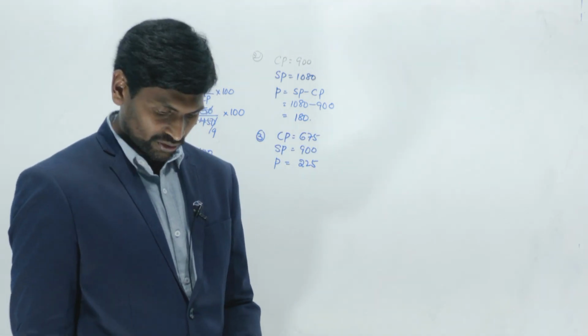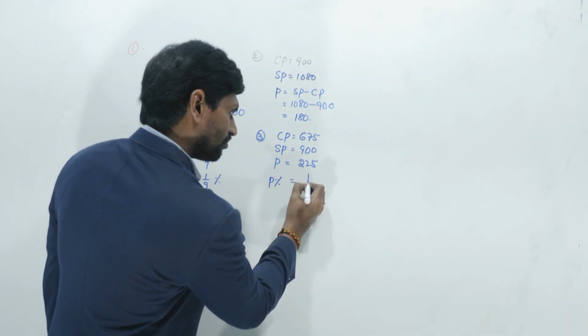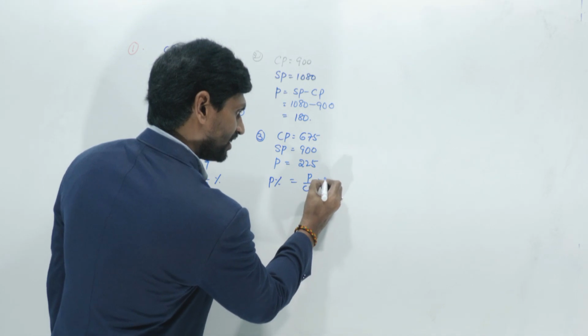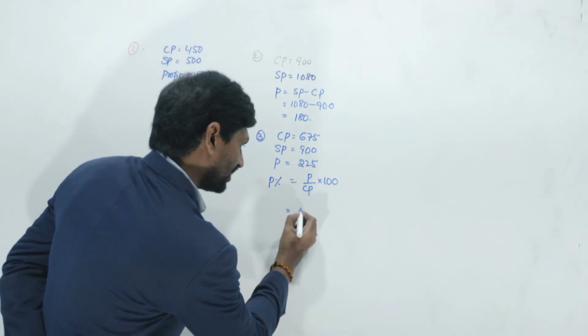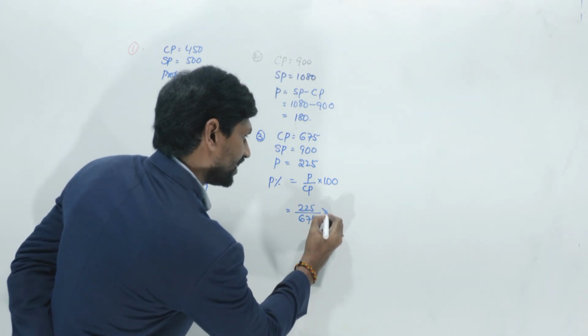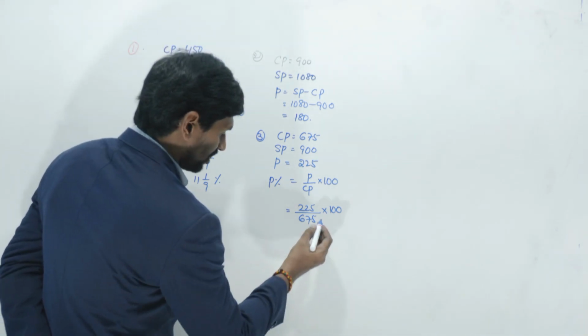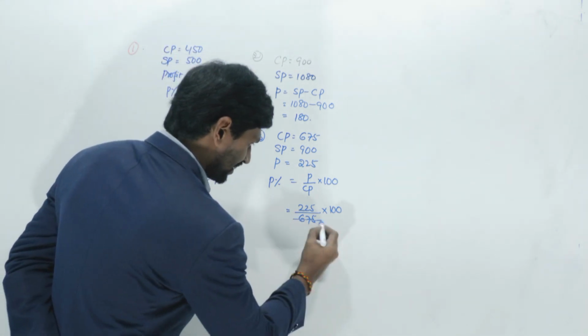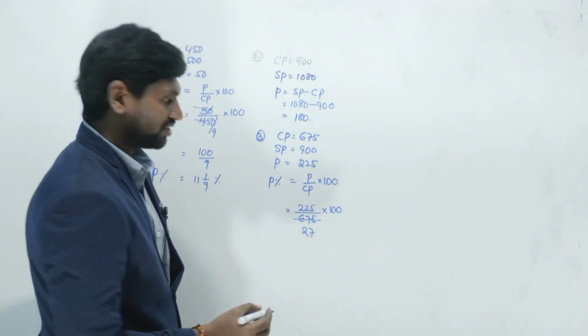So we need to identify the percentage. Profit percentage formula: profit by CP into 100. Substitute the values, profit is 225 and cost price is 675 into 100. Try to cancel.